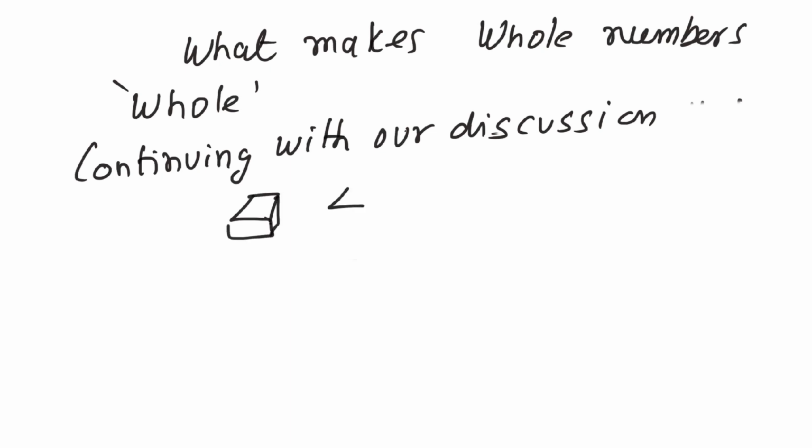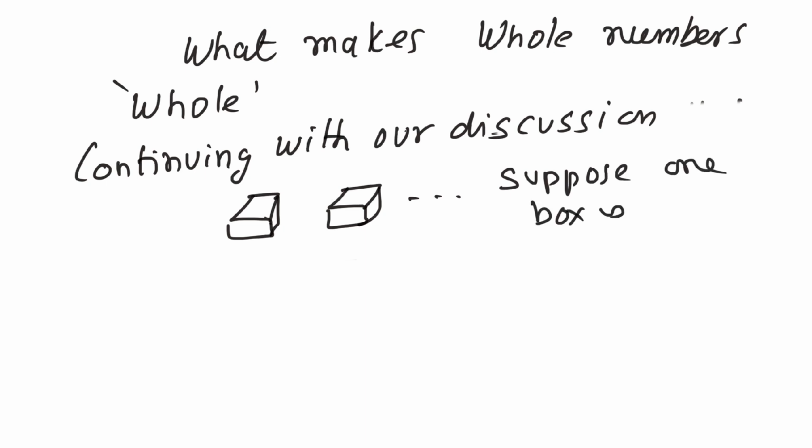And here, what if we take one of those boxes out, in the sense that there are two boxes, we are denoting it by two lines, or the number 2, and we are taking one box out. How will we symbolically represent it? That will be basically 2 minus 1, that is 1.